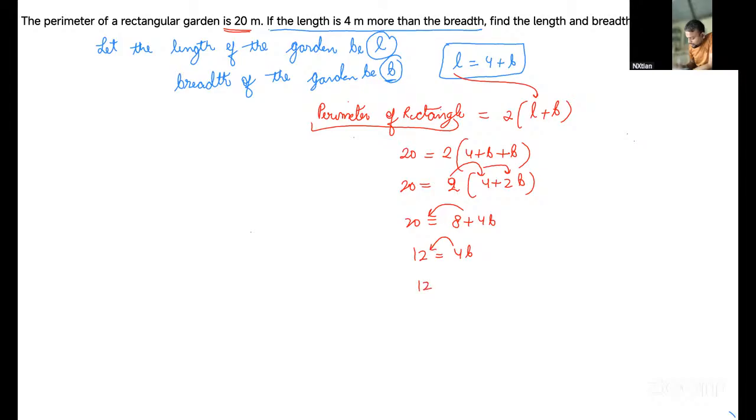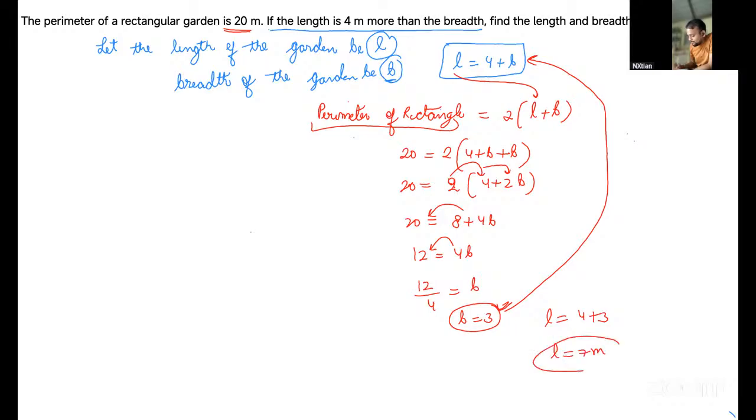Divide, so 12 upon 4. B is equal to 3. If you put the value of B into this, you will get L equals 4 plus B, so I got L as 7. Did you understand?